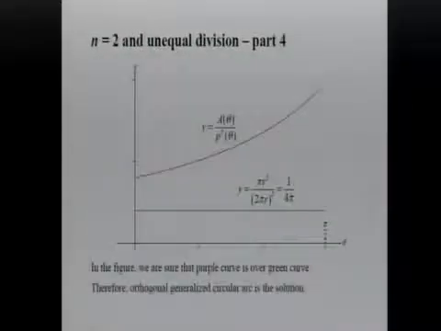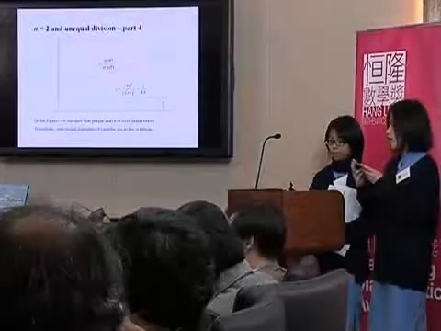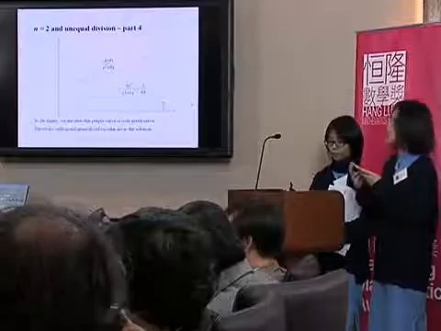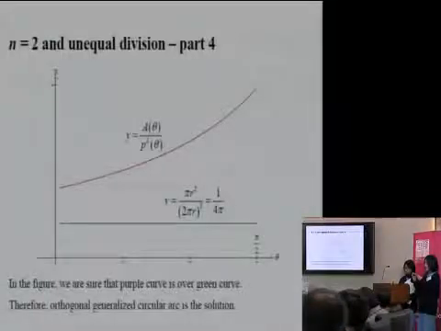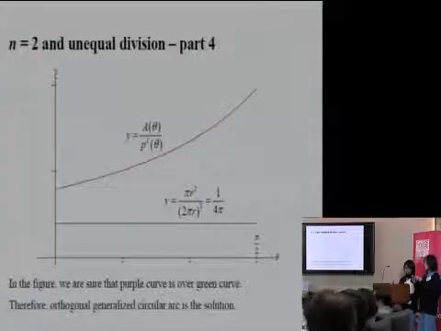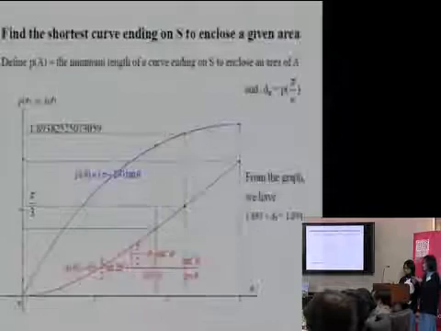Next. We draw a graph to compare two cases. In order to find the solution, we draw the function area over the square of perimeter. As the ratio of case 2 is larger than case 1, for any value of p between 0 to pi over 2, therefore, orthogonal generalized circular arc is the solution of the problem dividing a circle into two unequal parts.